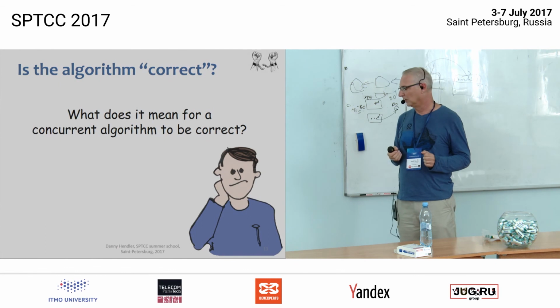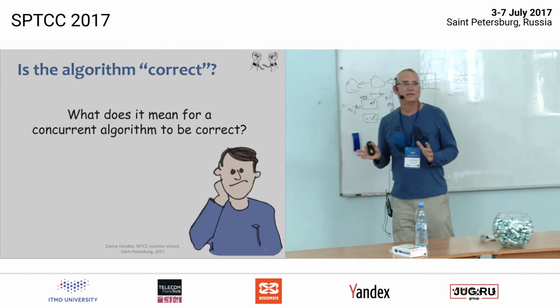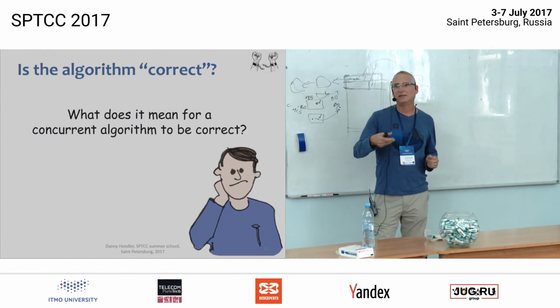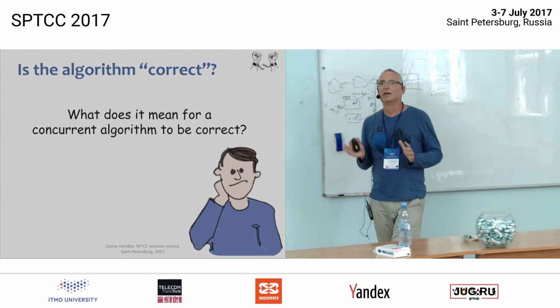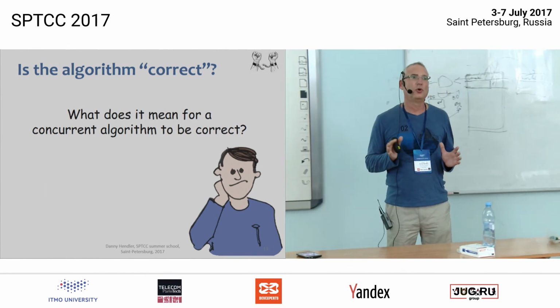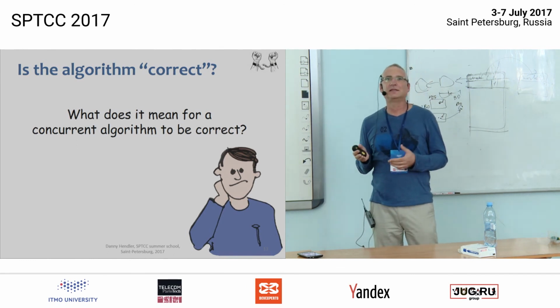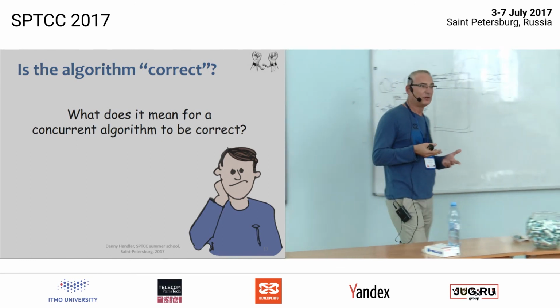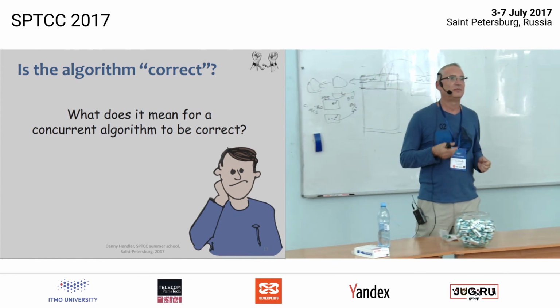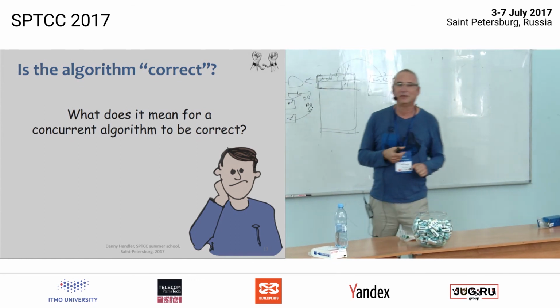algorithm to be correct. All these definitions extend in this way or the other the notion of a correct sequential algorithm. So for example, for a last in, first out stack, we know what a correct sequential algorithm is.